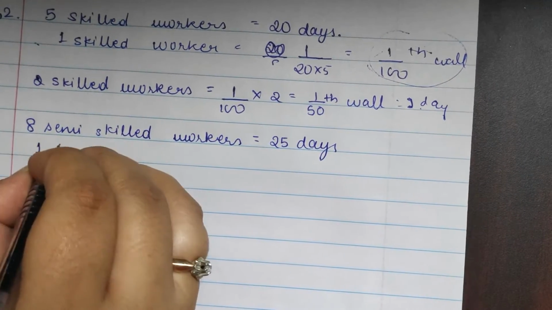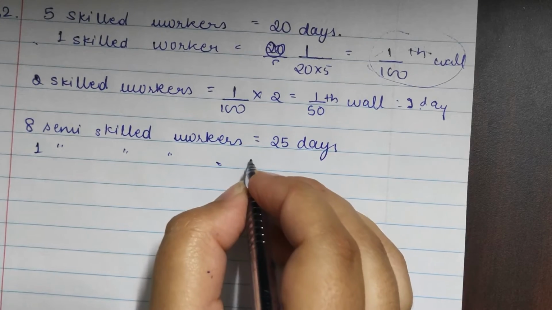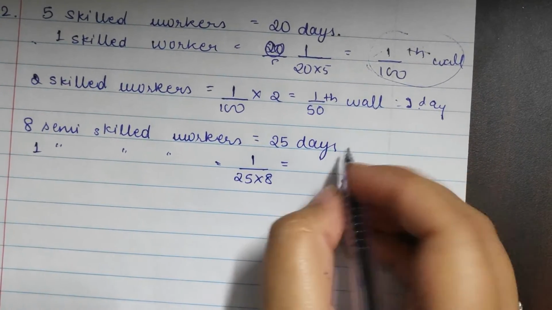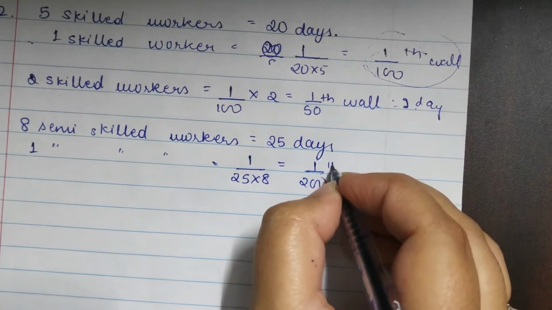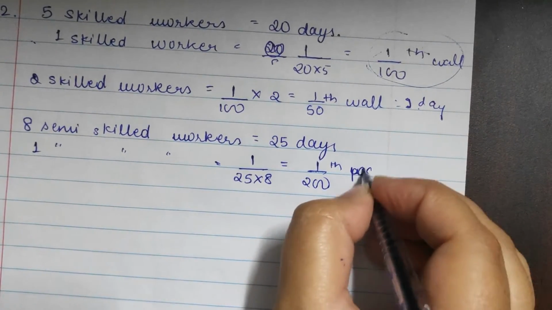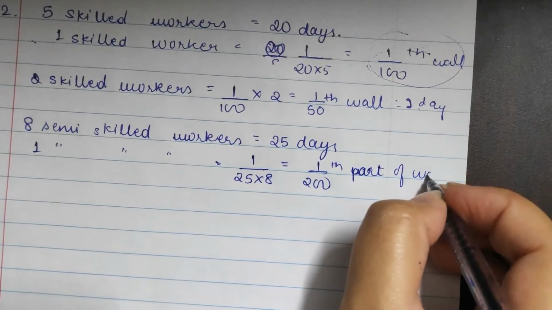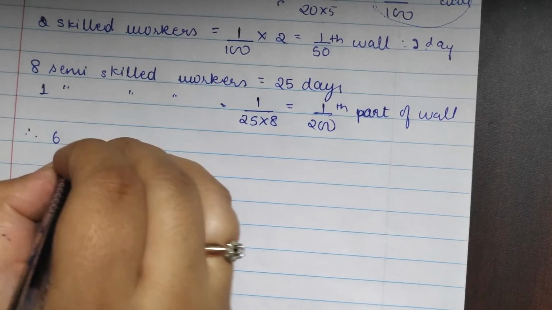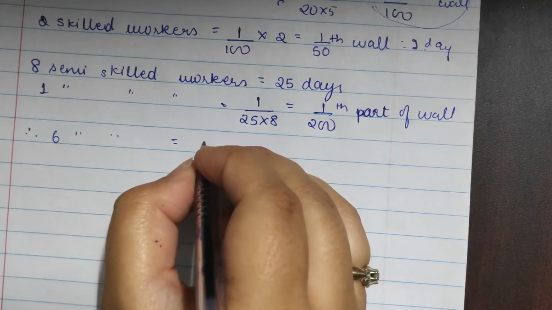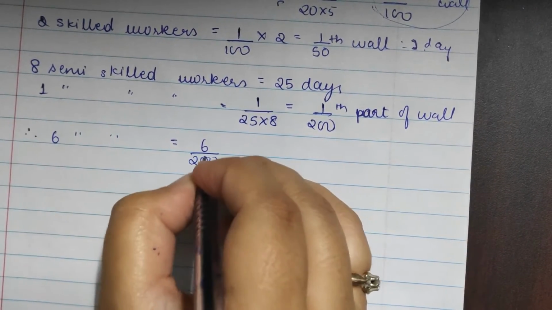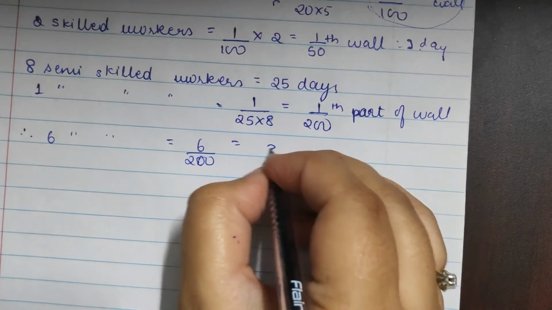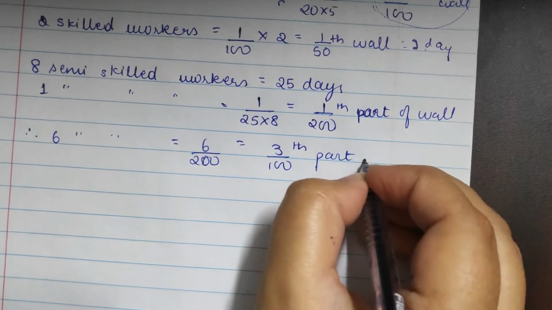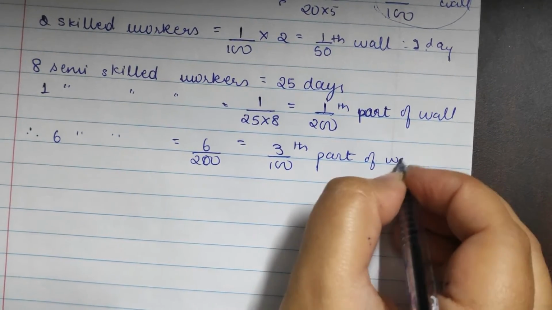So one semi-skilled worker will build 1 by 25 into 8, that is 1 by 200th part of the wall in one day, and therefore 6 semi-skilled workers will build 6 by 200, which will be 3 by 100 part of the wall in 1 day.